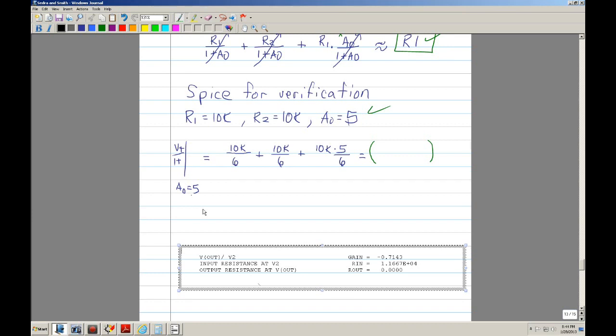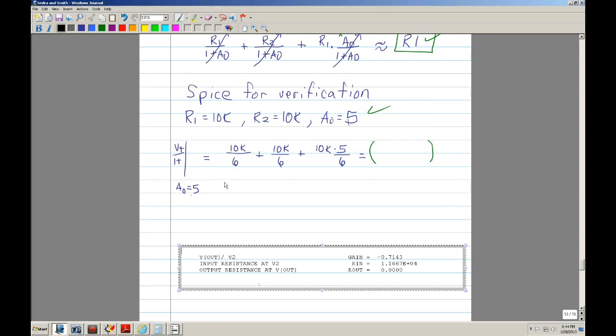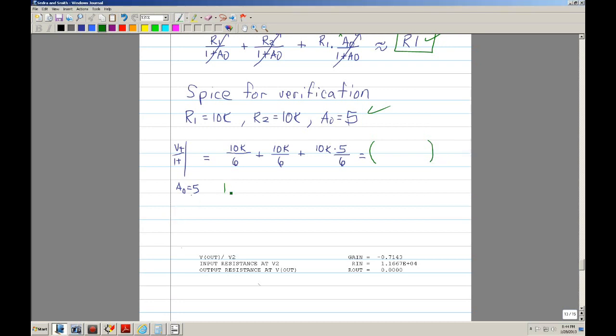Let's get the calculator. So it's 10K divided by 6 equals 1666.66.